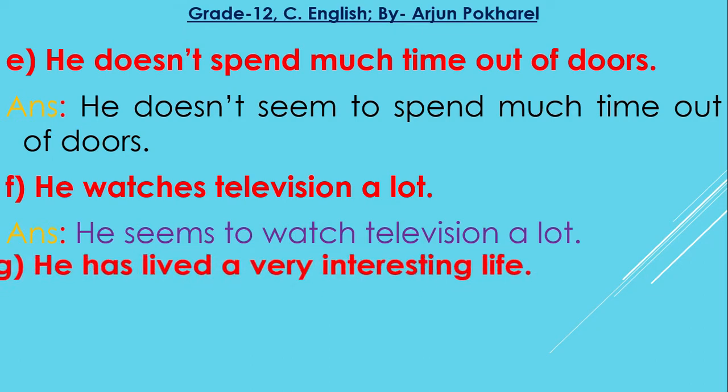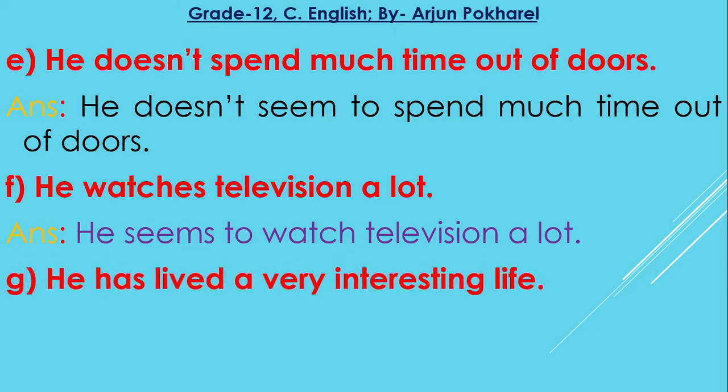Okay, and the next one is "he has lived a very interesting life". Has plus V3 is there. If there is has, okay, has lived, what is this? Present perfect tense. For present perfect tense we have to use the structure to plus have plus V3. Okay, be clear about the structure first, because this sentence is subject plus has/have plus V3 plus object, and this is present perfect tense.